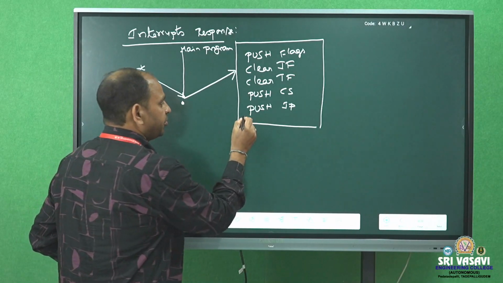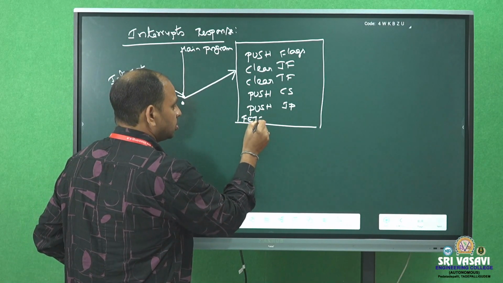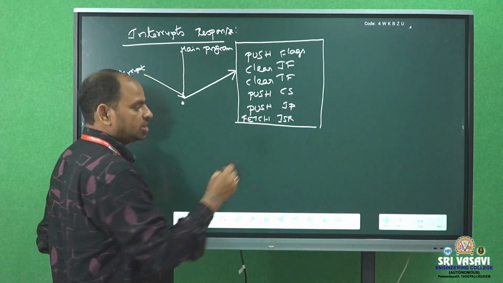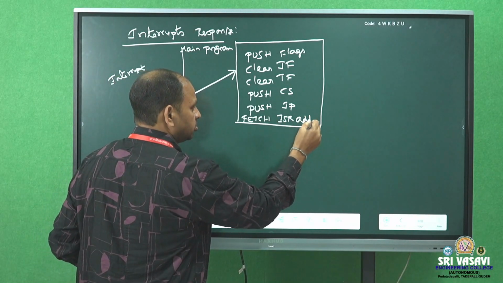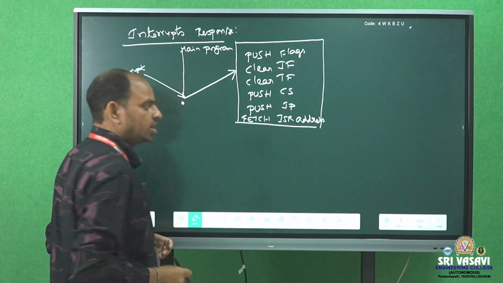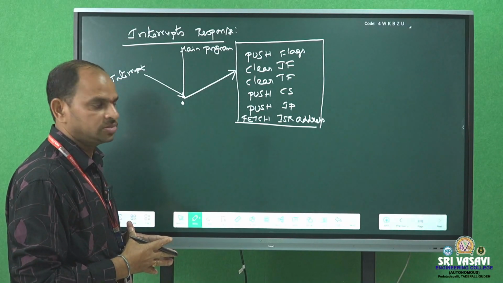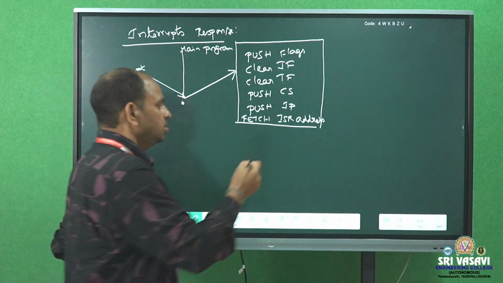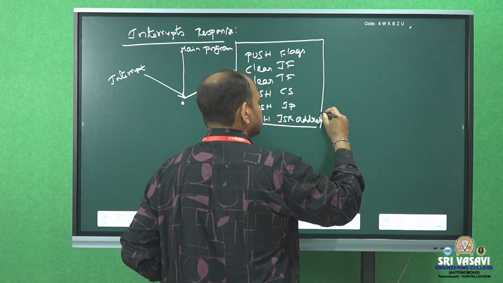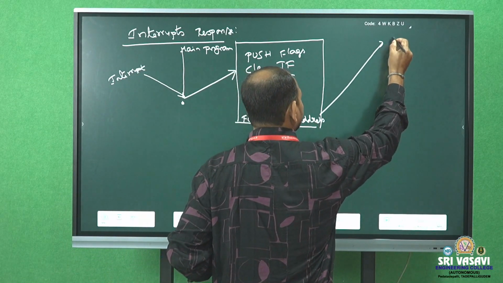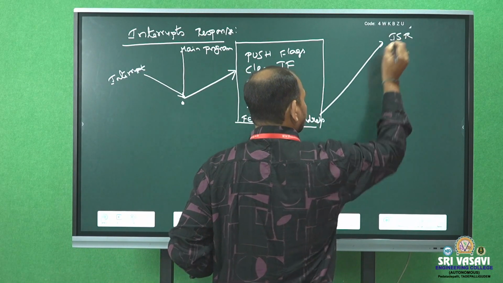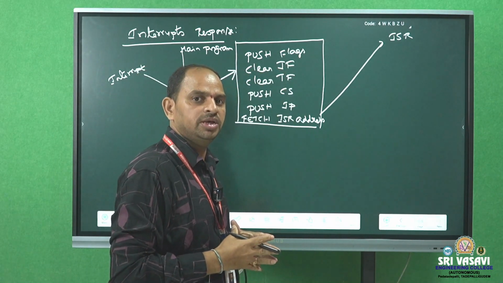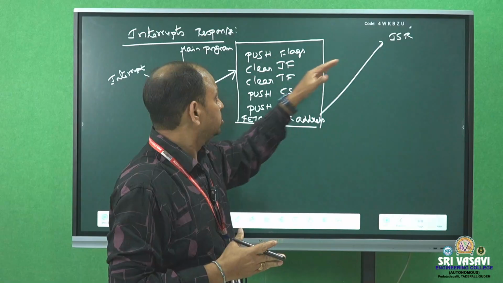Next, fetch the ISR address from the interrupt vector table. Once this work is done, it goes to the ISR, the interrupt service routine.